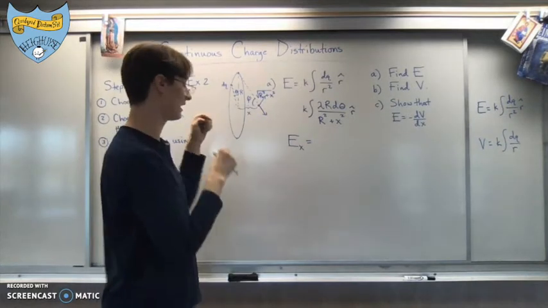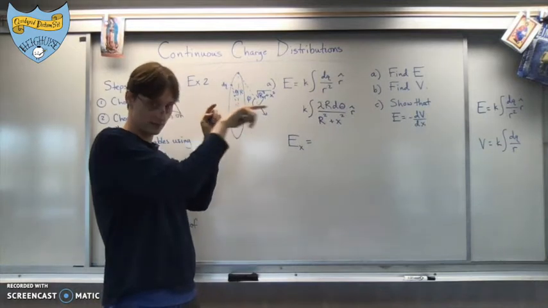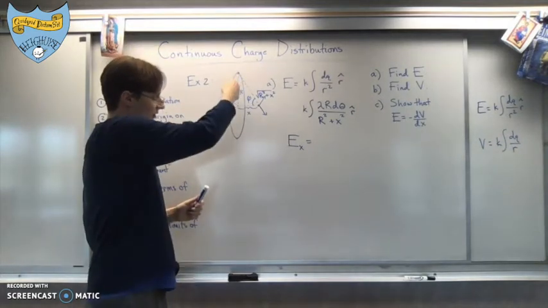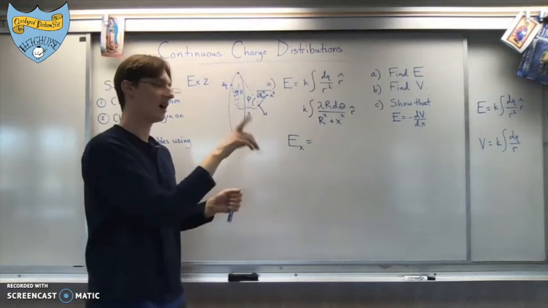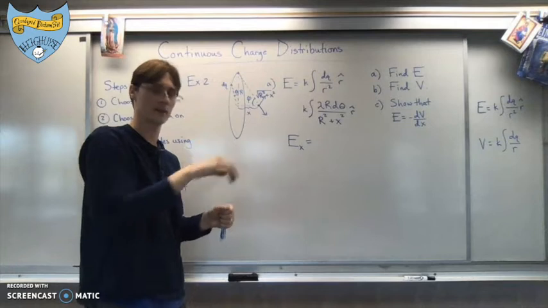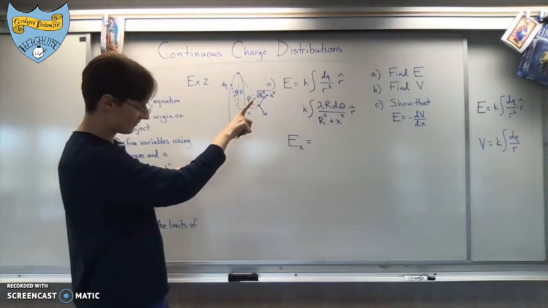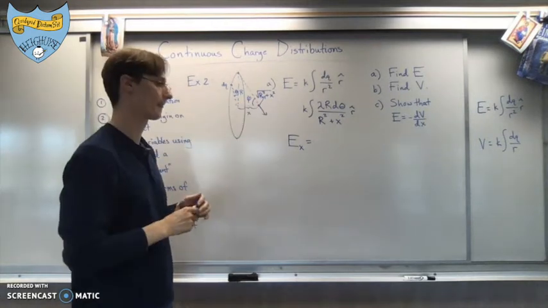And a charge element on the other side of the circle would make a field going out of the board in addition to, say, forwards. So essentially then, what these charge elements around this ring are going to do is make like a cone of electric field elements, which is difficult to draw, but you can imagine it. They're making a cone of field elements.